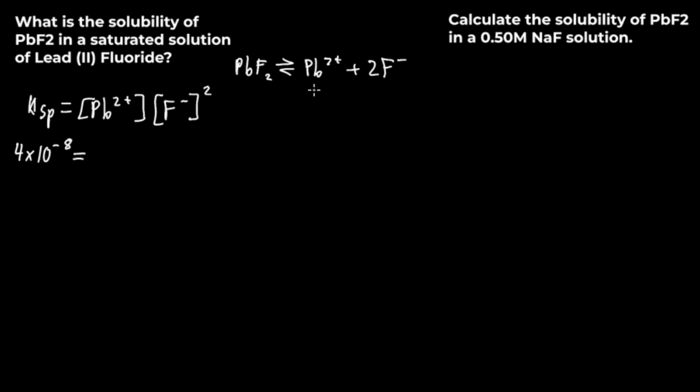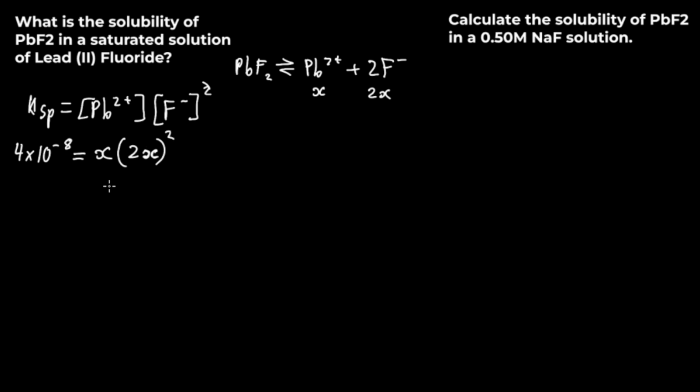And so here we have x, but this is 2x. So that means we'll have x times 2x squared. So this is just like a standard KSP thing.